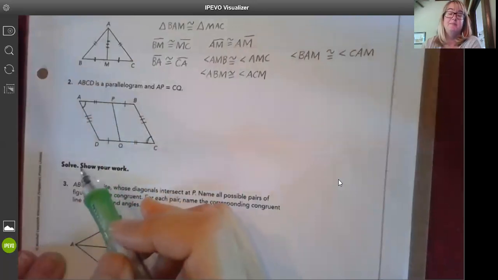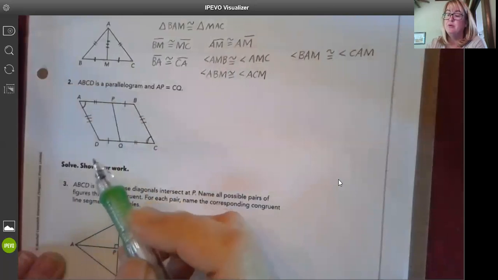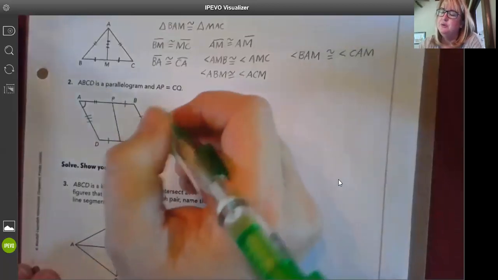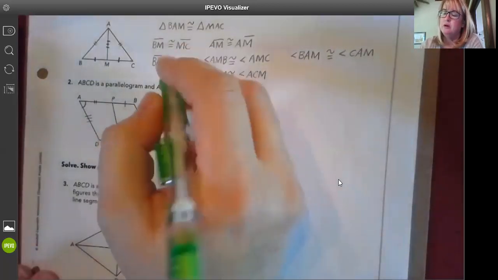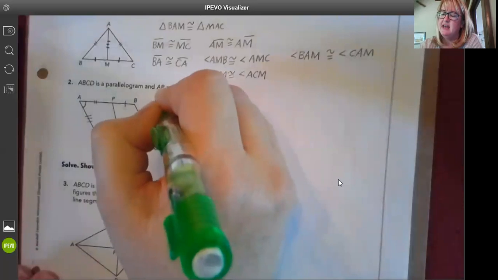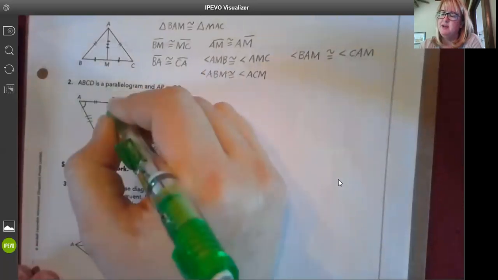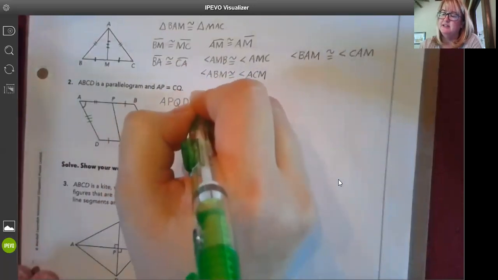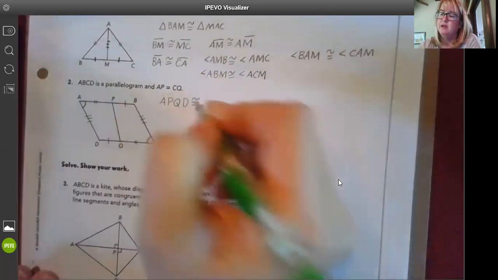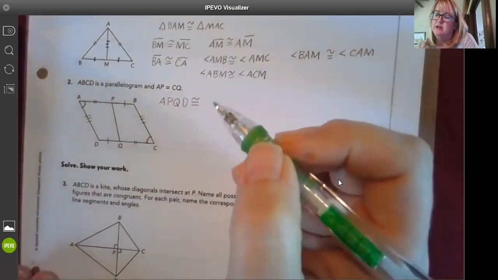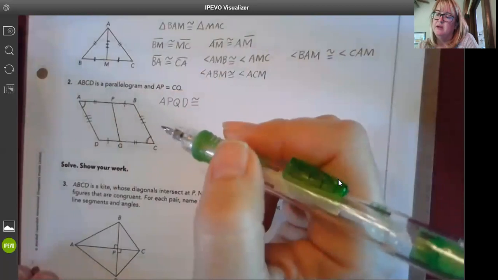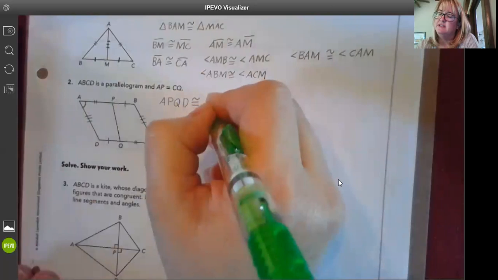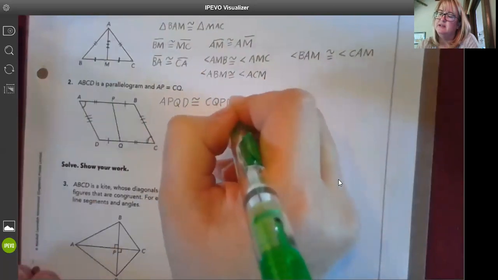So it is congruent because it has 4 sides that are the same length. So the two quadrilaterals that are congruent, I'm just going to go APQD is congruent to CQPD.